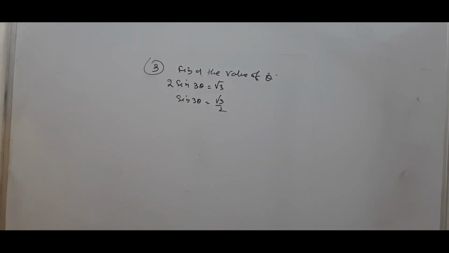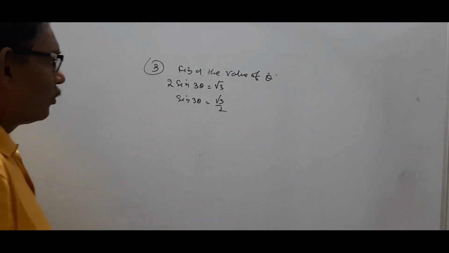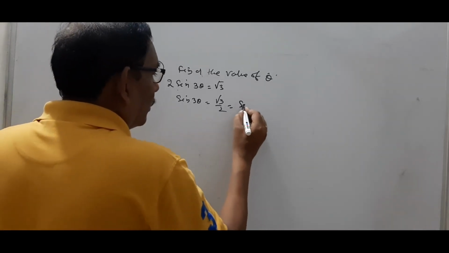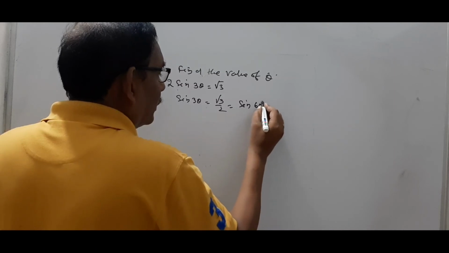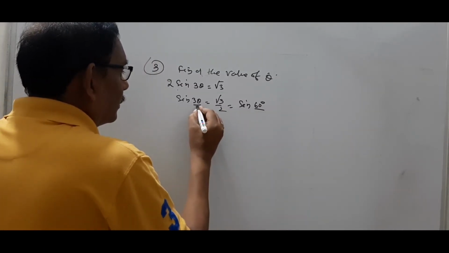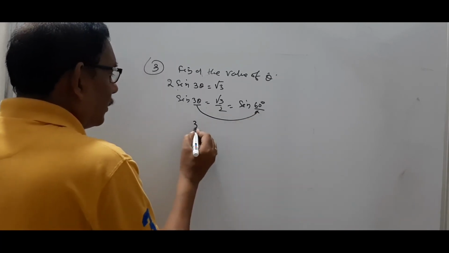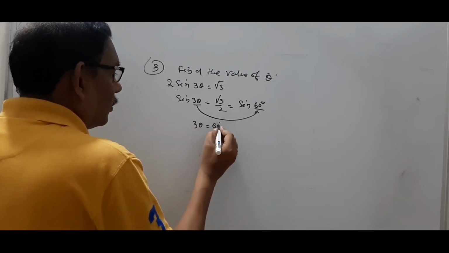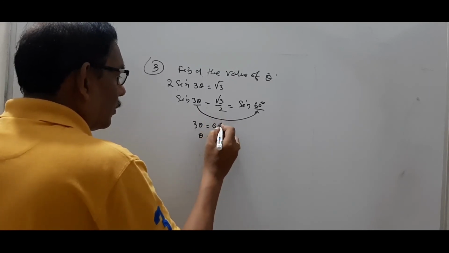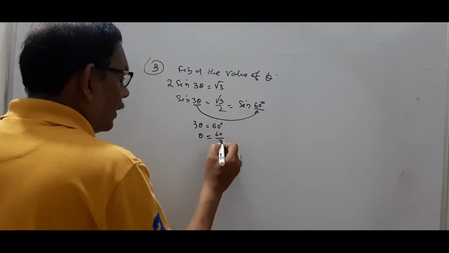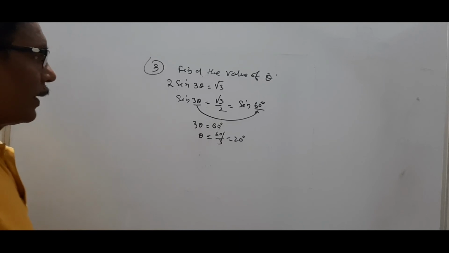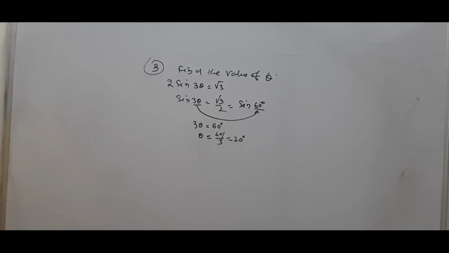Now determine for which angle the value of sine is root 3 by 2. That is sin 60 degree. So 3 theta is equal to 60, theta is equal to 60 by 3, 20 degree. In this way, you have to practice more problems to determine the value of theta.